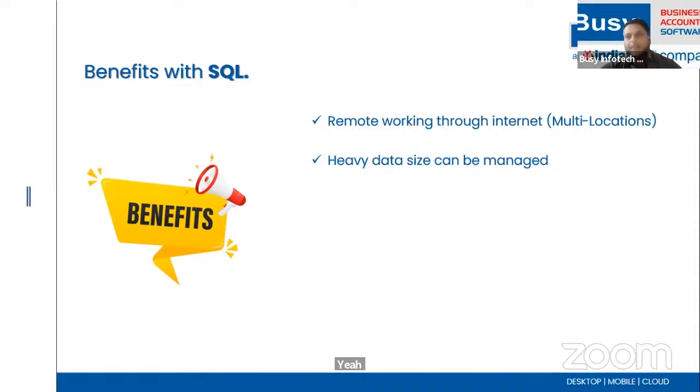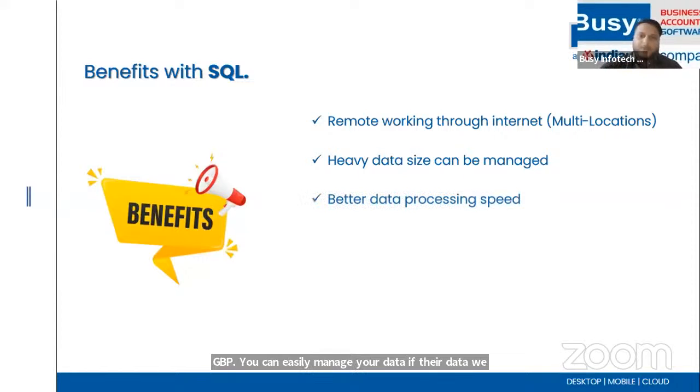If your data size is huge, we recommend you implement SQL database. Then you can run smoothly. Next point is better data processing speed. In SQL database, speed is better compared to Access database. The speed is fast in SQL database.